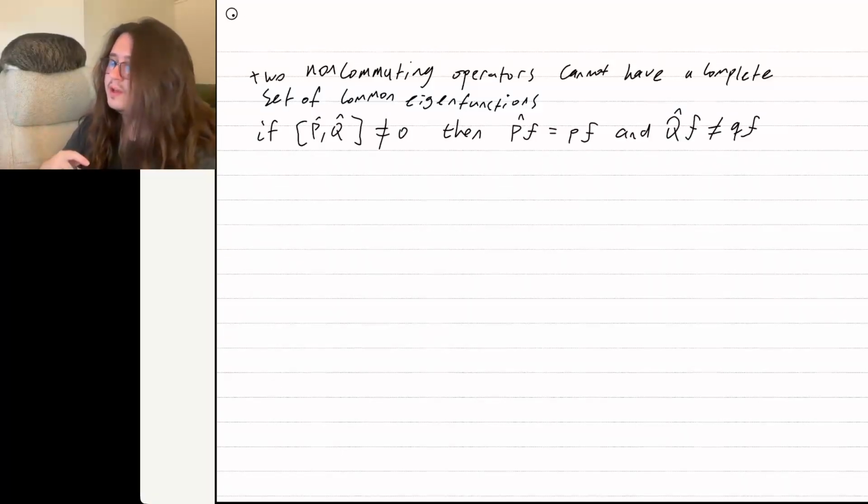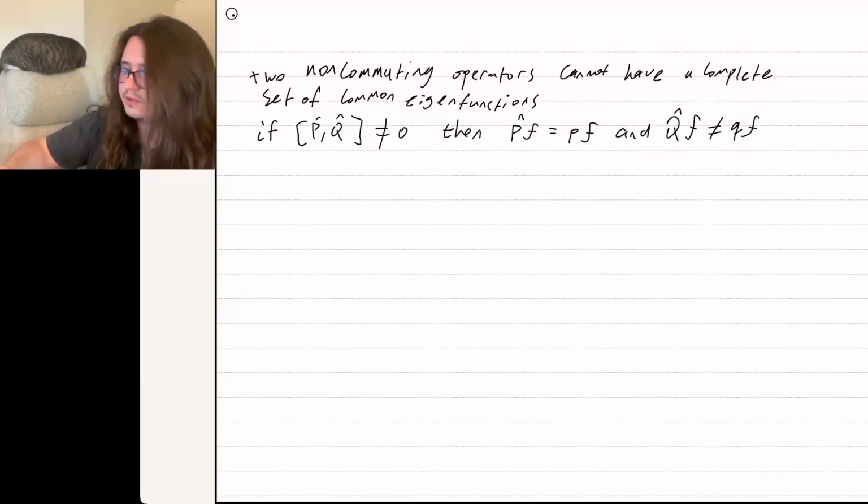Because this statement is so wacky to work with, we're actually going to try to prove the converse instead, and Griffiths even suggests this in the problem statement. So we're going to disprove the converse statement.